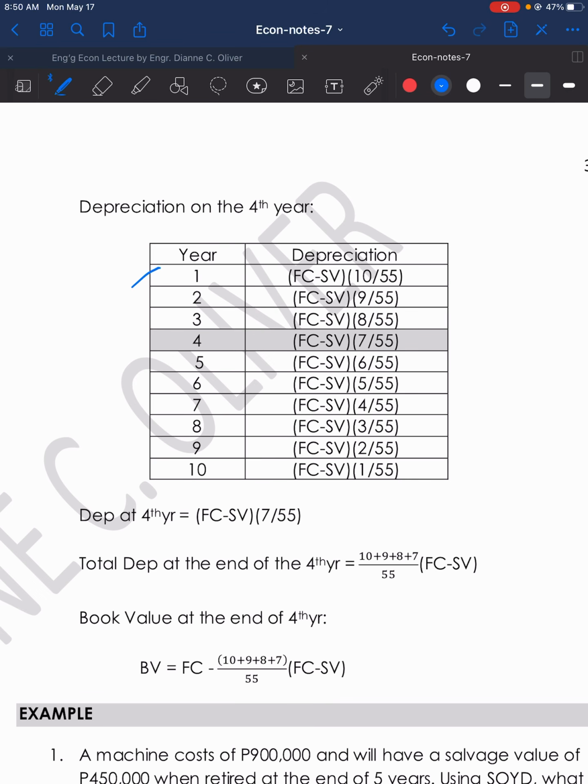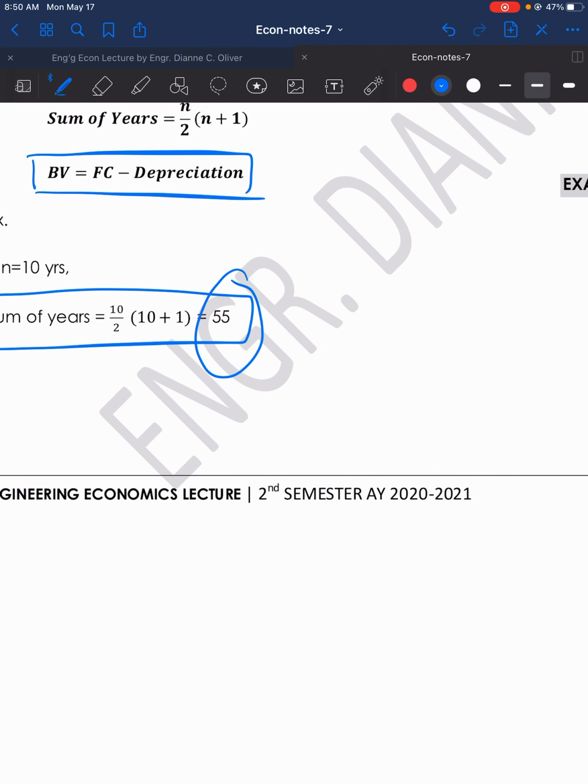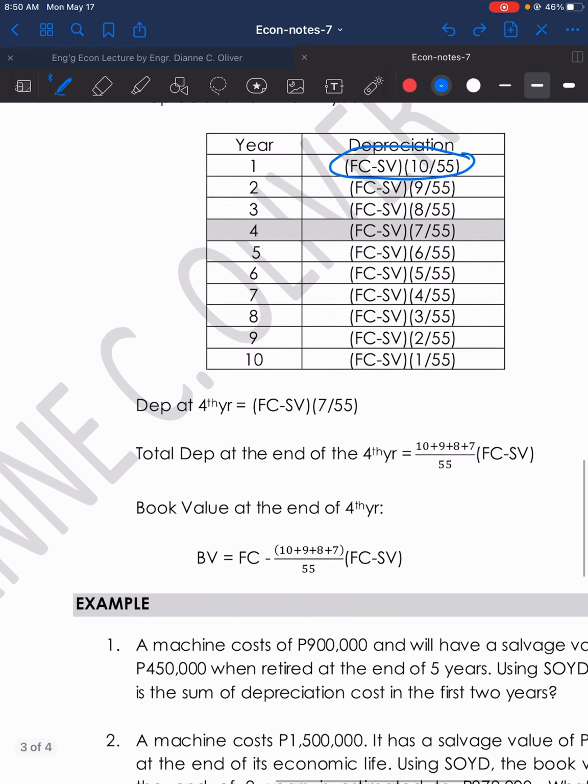In the first year, the depreciation is the first cost minus the salvage value multiplied with the life of the property, 10 years, divided by the sum of the years, which is the 55 that we have computed earlier.